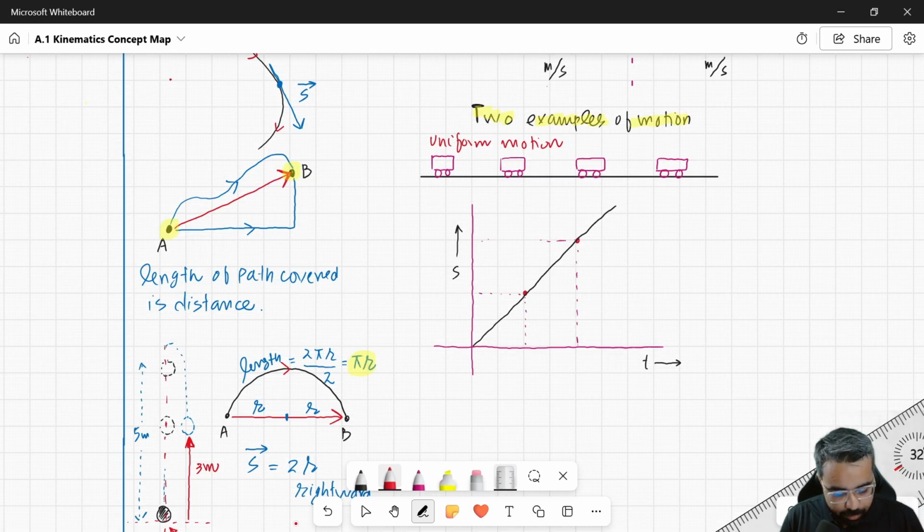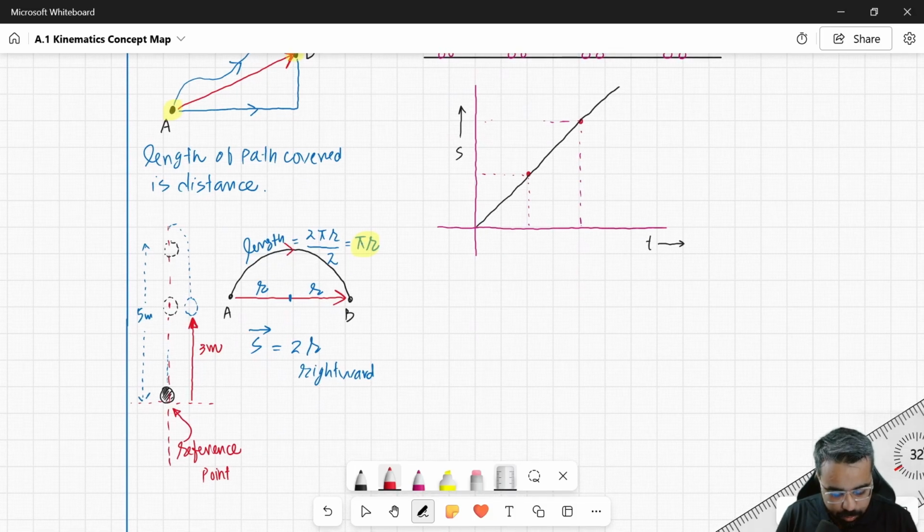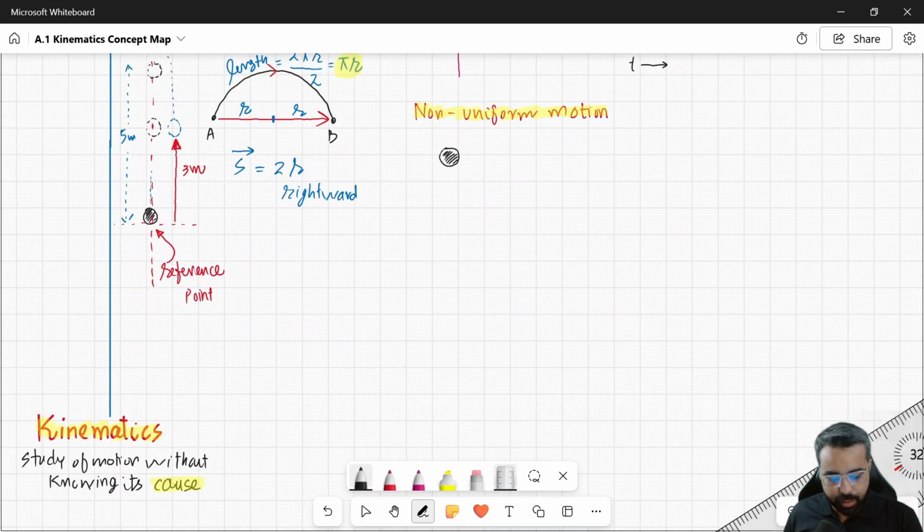But this time I'm going to show you another example, that is a non-uniform motion in our daily life. Just imagine that this is a ball which has a 0 meter per second speed at this moment. You have released it from rest. So how will it fall? Well, if you detect its motion with a very sensitive camera, you will see that in every next second it will cover more distance.